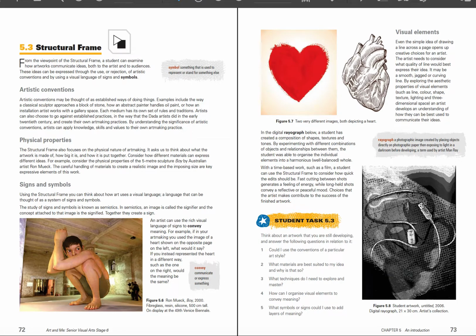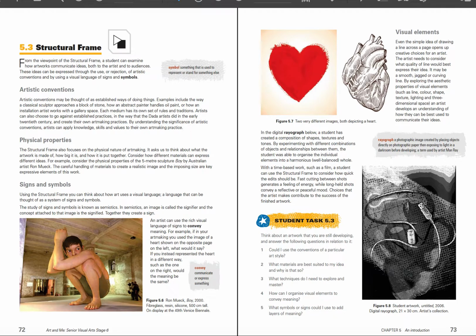So line, and we go back up to these art elements of line, color, shape, texture, lighting, and three-dimensional space. How can you organize each of those in your body of work to convey your meaning? This is a way to uncover and broaden not just your knowledge, but your conceptual meaning and your strength. I say that many, many times over the course of senior visual arts: conceptual meaning, conceptual strength.